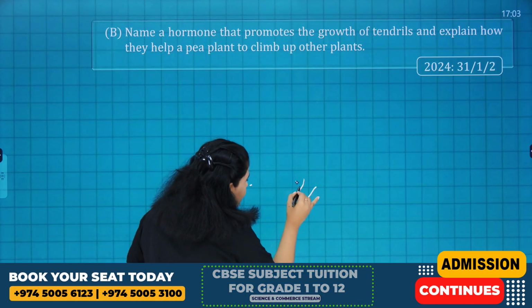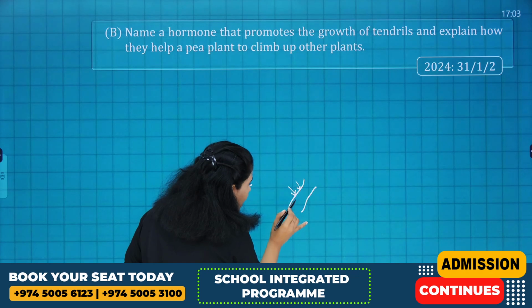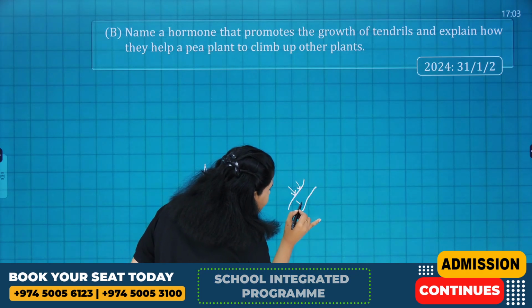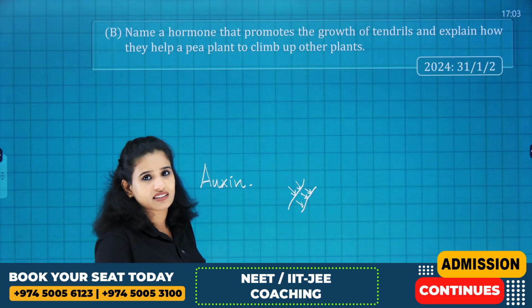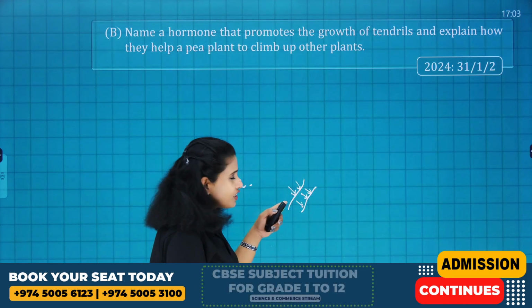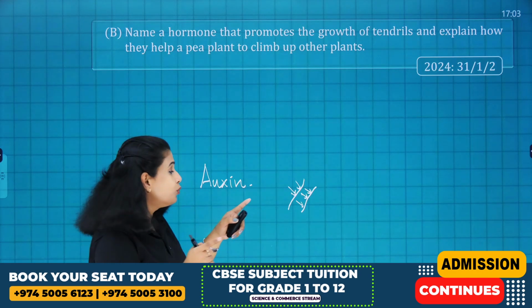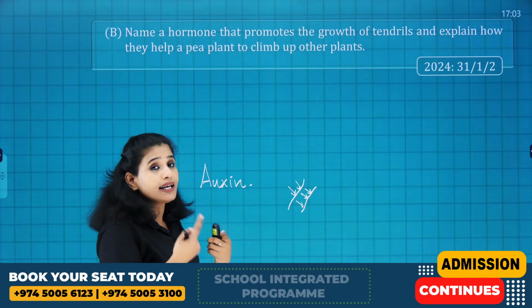If this portion touches the support, the auxin will move to the opposite part of the tendril. Then what happens?